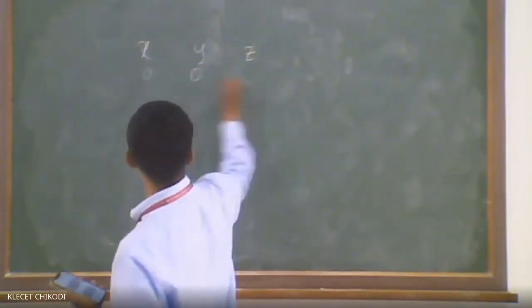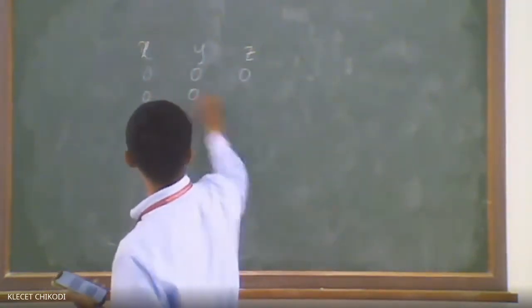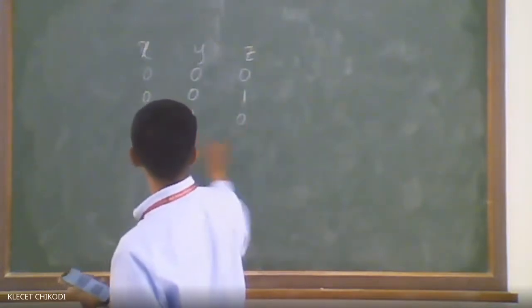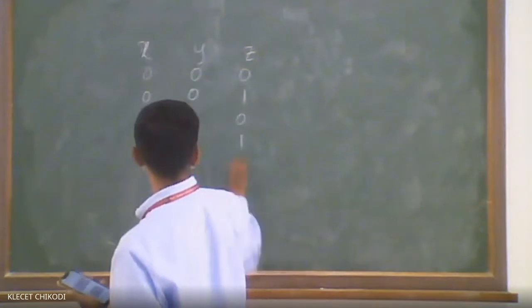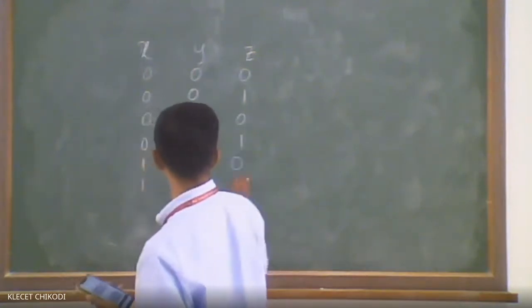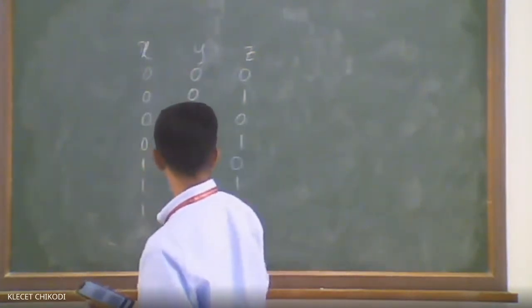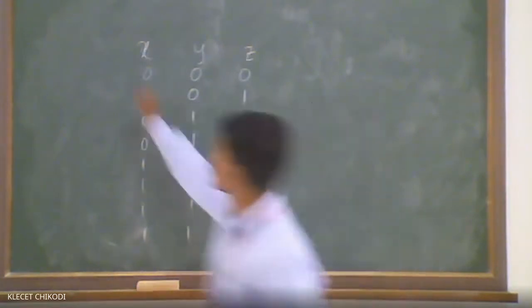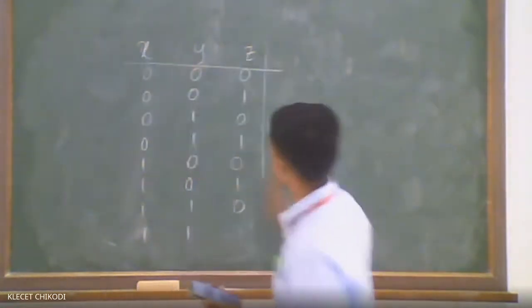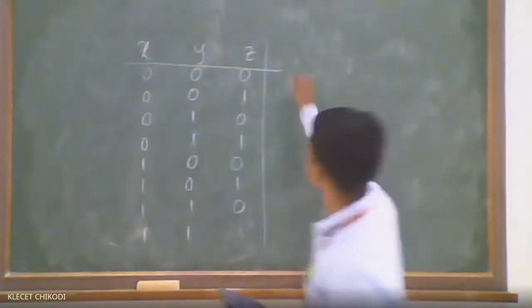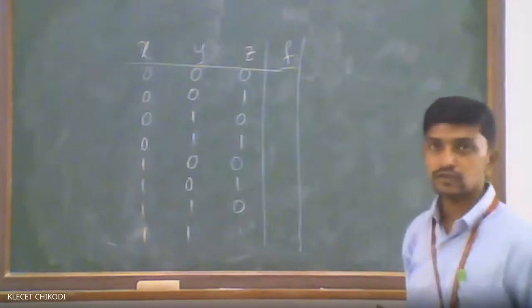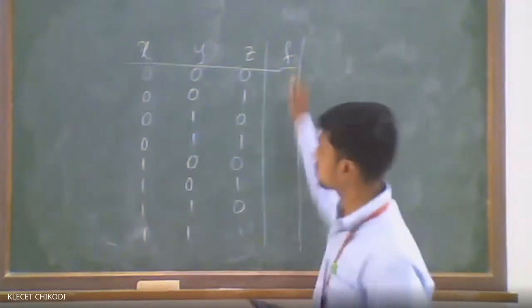So for 0 0 0, 0 0 1, 0 1 0, 0 1 1, 1 0 0, 1 0 1, 1 1 0, 1 1 1, this is the truth table they have given, and they have given the function value.